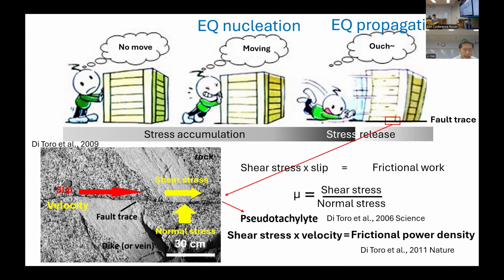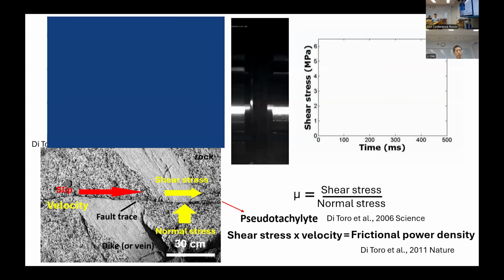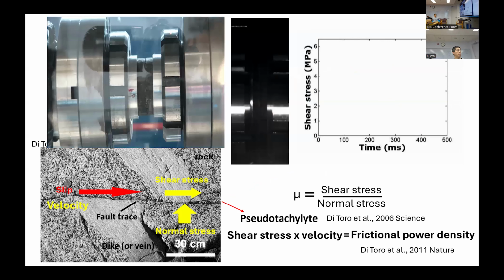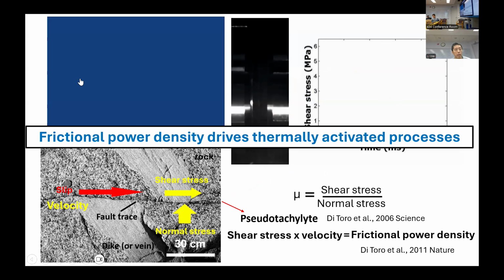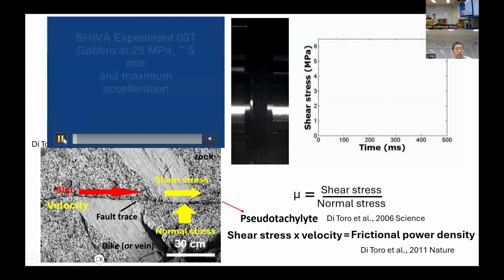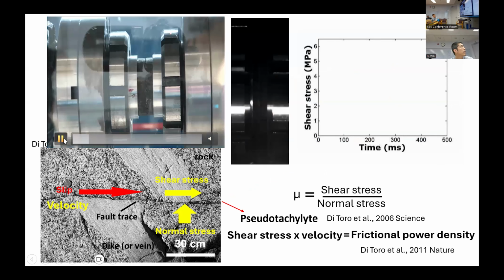And there is an exceptional case, Giulio Di Toro's paper. In this work, you can see how high frictional power density contributes. Well, I'll stop here and expand on that in detail. You can see there are two rock cylinders in the central part of this video.